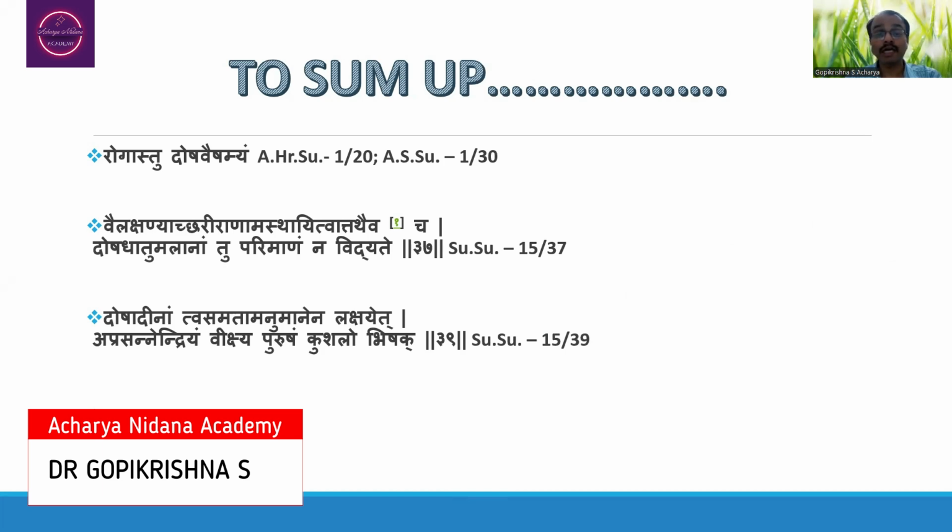And identifying the nidana as well as the disease may be difficult because of vailakshanya shariranam asthayitva tathaiva cha doshathatu malanam tu parimanam na vidyate, because of the atypical nature of the individuals plus instability of the dosha dominance in an individual at a particular time period. These are the two reasons wherein the abnormal proportion of the dosha, dhatu or mala cannot be quantified.